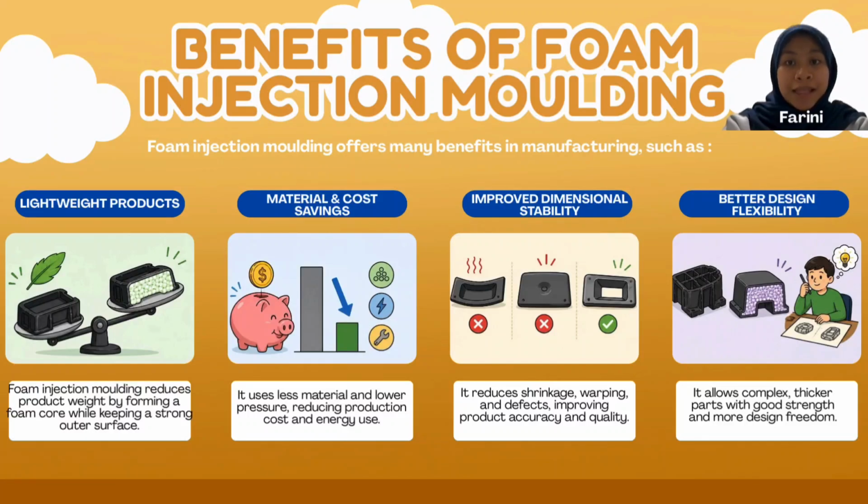Third, it offers better dimensional stability, minimizing defects such as shrinkage and warping, which improves product quality. Finally, it gives manufacturers greater design flexibility, allowing them to produce more complex and thicker parts without losing structural strength. In conclusion, foam injection molding is an efficient process that reduces weight and cost while improving product quality and design possibilities.